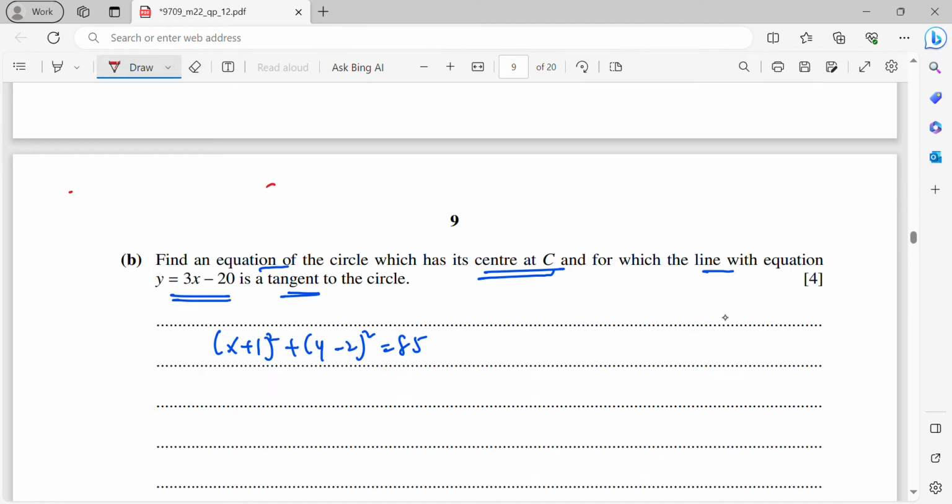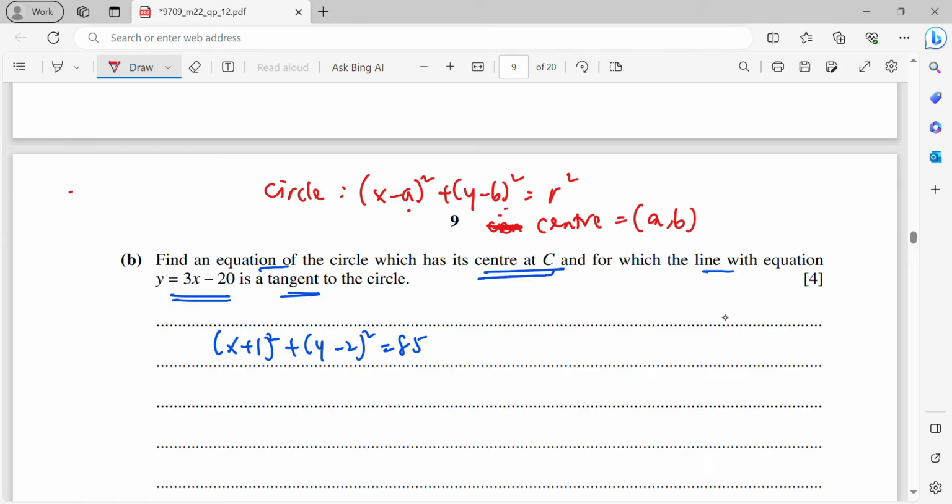For your information, circle equation, it will be always x minus a squared plus y minus b squared equals to r squared. Then the circle will be having the center with coordinates a and b. Okay, then the r is the radius.